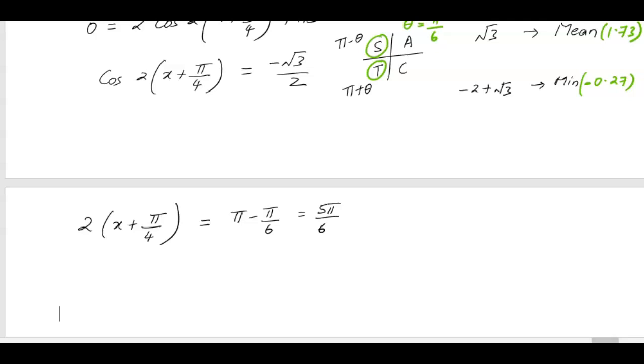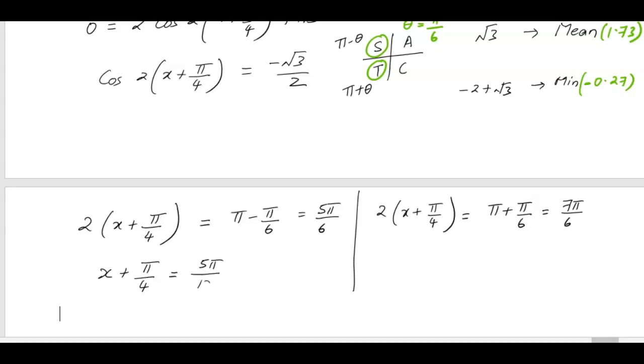And similarly, we're also going to have 2 times x plus pi on 4 equals pi plus pi on 6, which is going to be equal to 7 pi on 6. We still need to solve for x in both cases, so we're going to divide both sides by 2. Dividing both sides by 2, I'm going to have x plus pi on 4 equals 5 pi on 12.